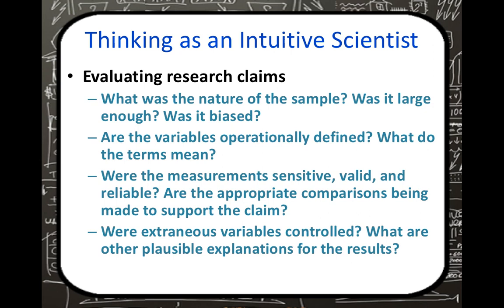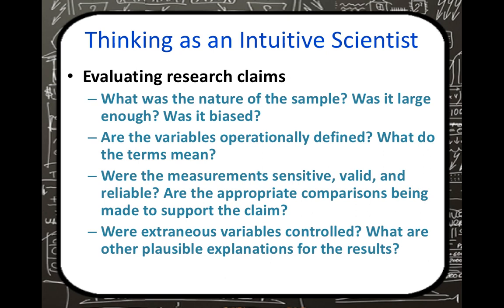The way we think every day has a lot in common with how scientists think. A lot of the pitfalls and problems that plague scientists are also very common in our everyday thinking. So if you understand and avoid some of these problems, you're going to be a better consumer of research and a better intuitive scientist. You're going to be making better decisions.